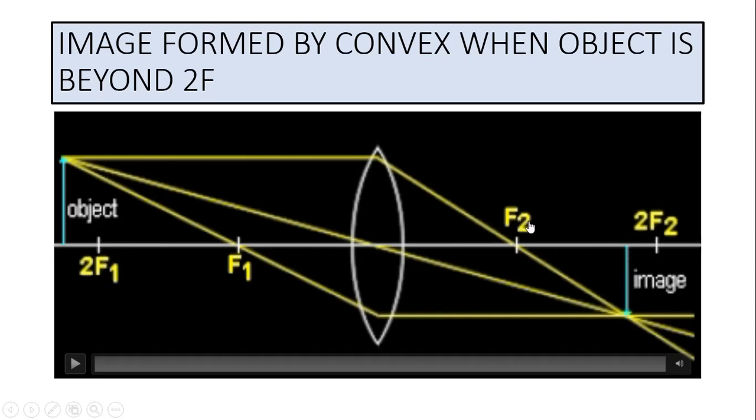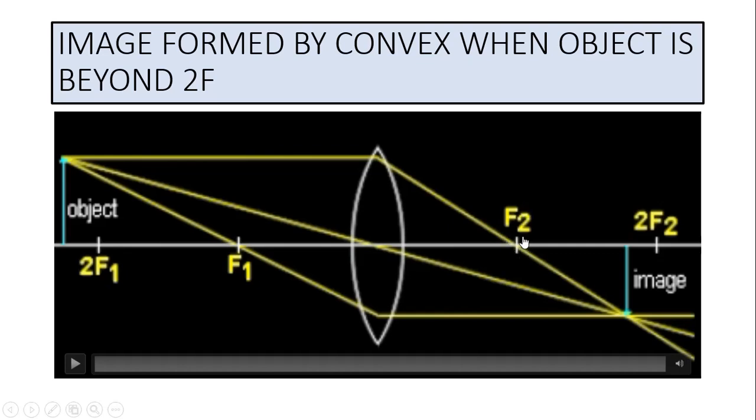When the object is far away from the lens, at infinite distance, the image is formed at f. It is very small, inverted and real. Are you clear?